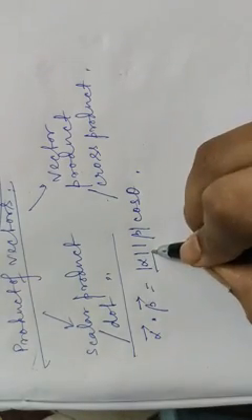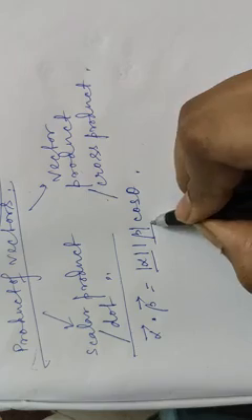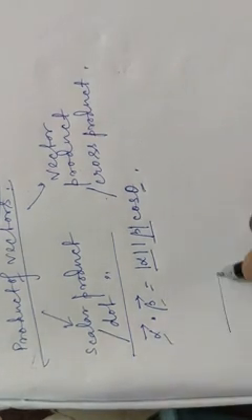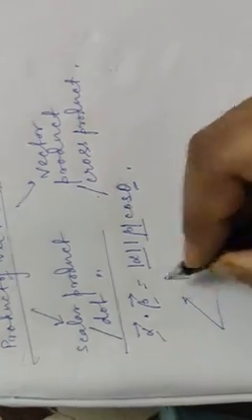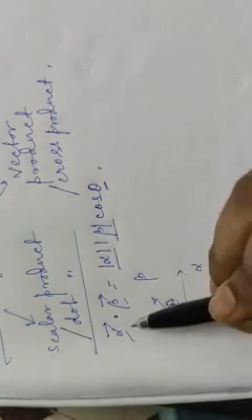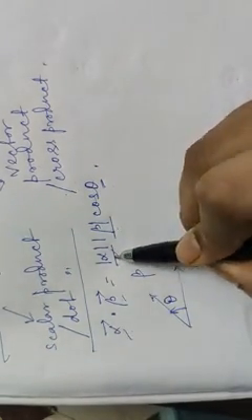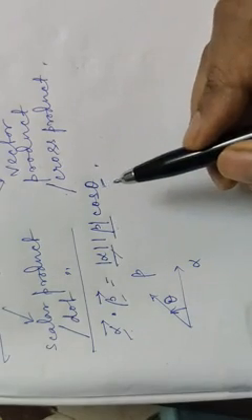Mod alpha means the magnitude of alpha, mod beta means the magnitude of beta, and theta is the angle between alpha and beta. Suppose this is alpha, this is beta, this angle is theta, then their dot product alpha dot beta will be mod alpha into mod beta into cos theta.